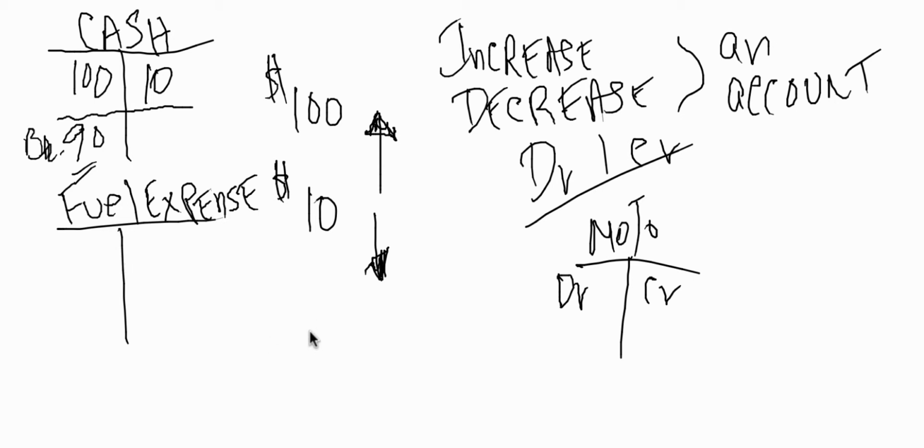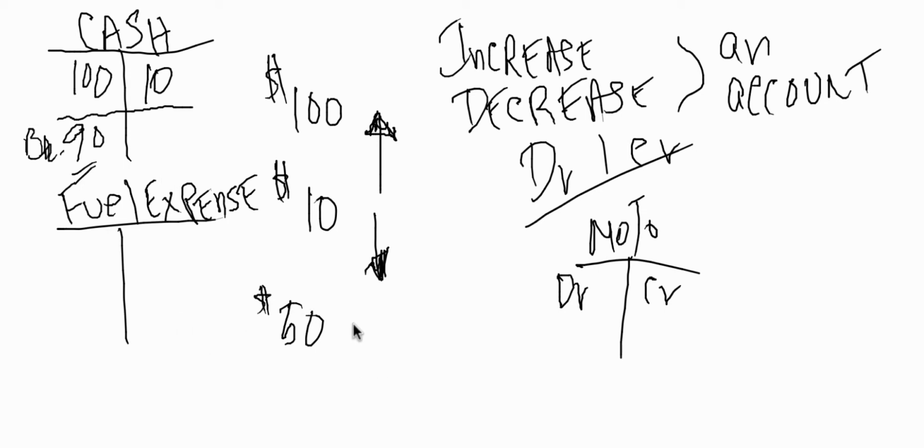So I go buy gasoline, I load up my tank, and I've just spent $50, right? Well, is that increasing that account? Not cash now, okay? Let's not confuse. Not cash. Fuel expense. When I spend $50, am I increasing fuel expense or decreasing?